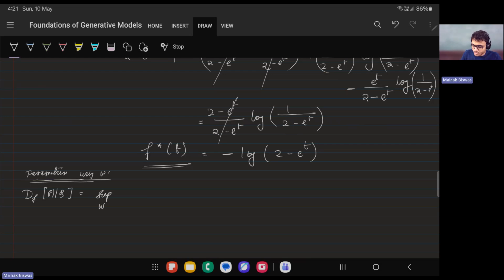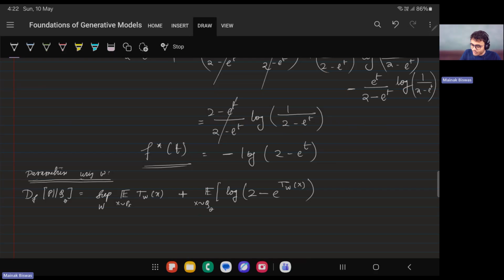So it is the expected value of x from p of t_w of x, minus the expected value of x from q_theta of, and you have a minus over here, so minus and minus gets plus, log of 2 minus e to the power t_w of x.